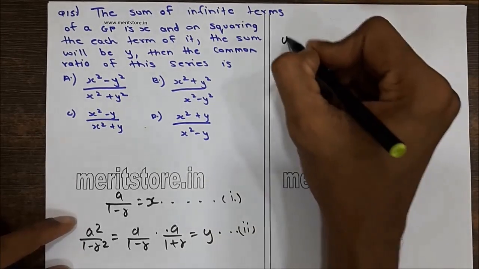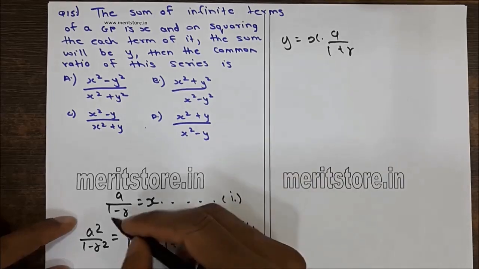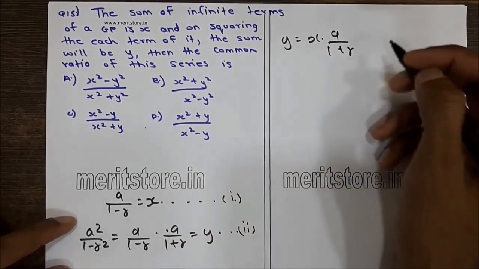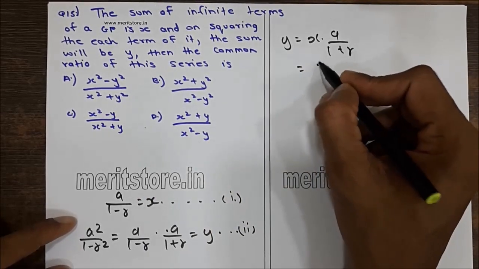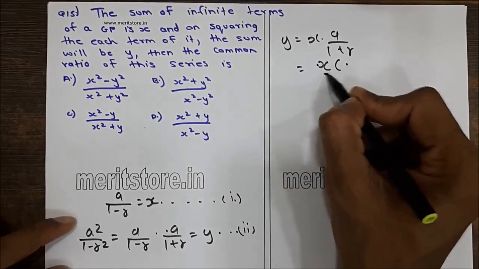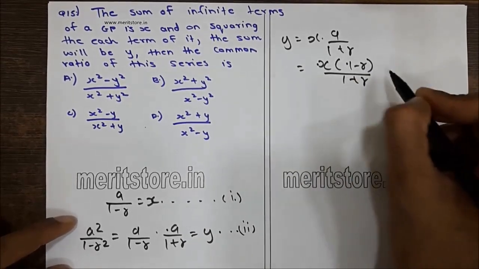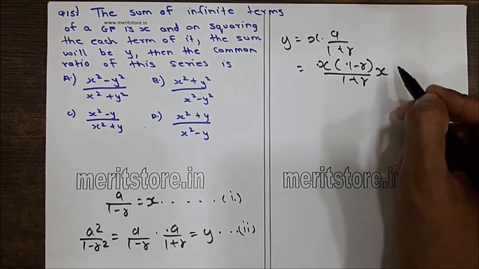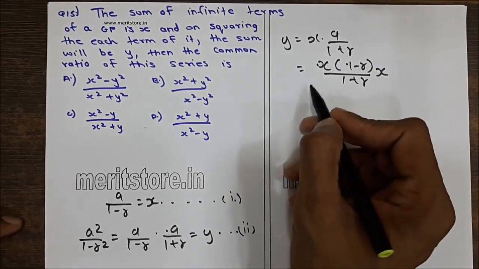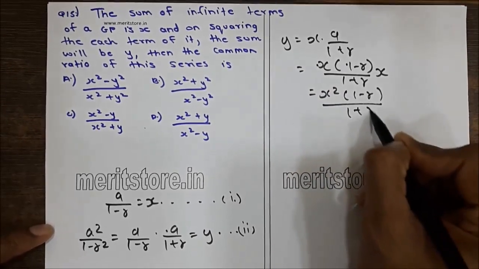So we get y = x × a / (1 + r), where we substitute a / (1 − r) = x over here. Further solving this, we get x × (1 − r) / (1 + r) × x. So if we further solve this, we get x² (1 − r) / (1 + r).